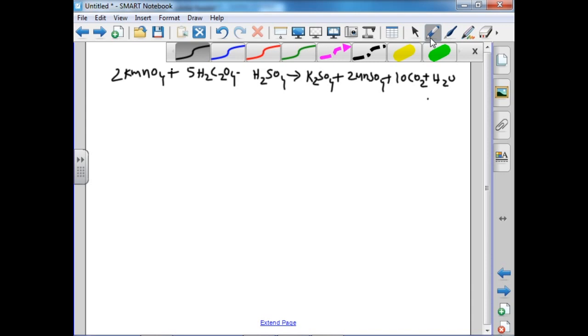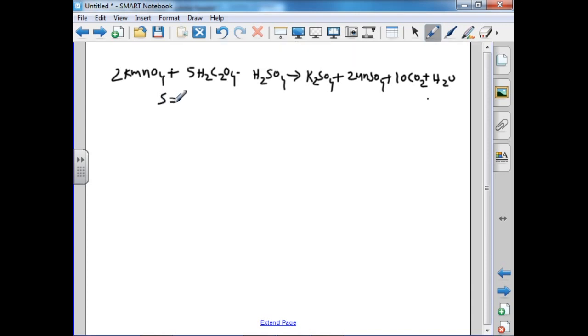Next, we balance the sulfur. Sulfur on the reactant side: only one atom. On the product side, sulfur equals 1 + 2 = 3.